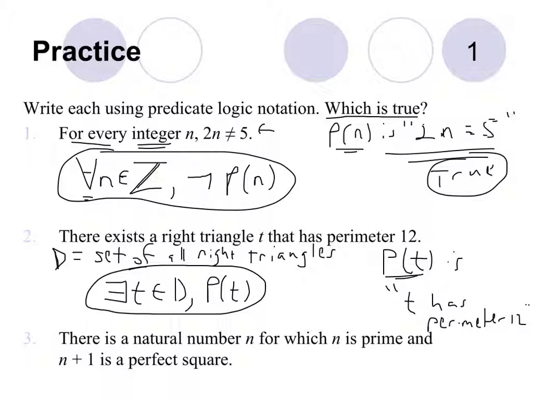So it is true that no matter what integer you use, 2n is not going to be equal to 5. And you may not remember your right triangles, but there is a right triangle with perimeter 12. It's sort of the basic one that everybody uses to death in a geometry course. A 3, 4, 5 right triangle has perimeter 12. So that statement is also true. So both of these statements are true. Again, we'll talk about the third one in a second.